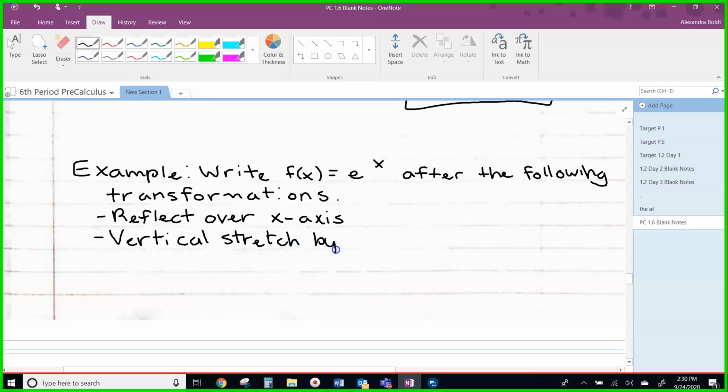We're going to do a horizontal shrink by 1/3.